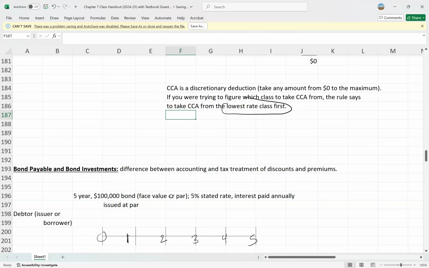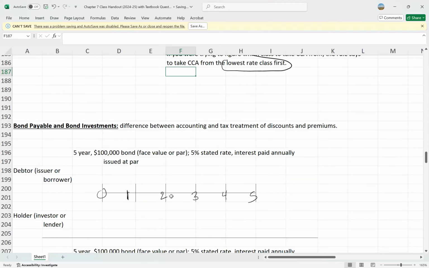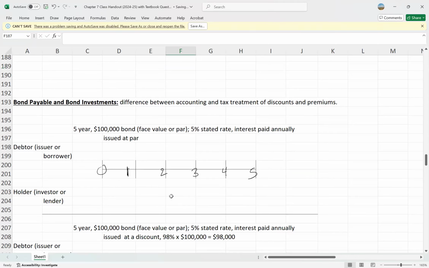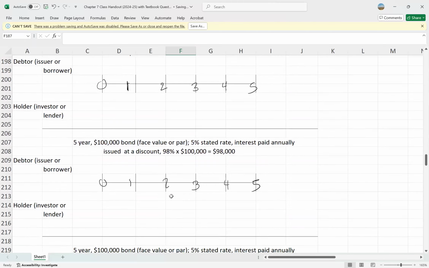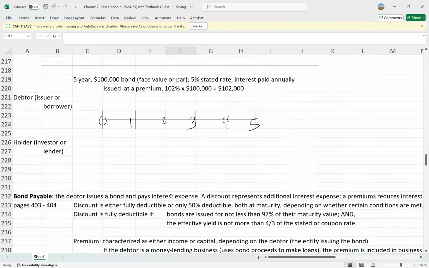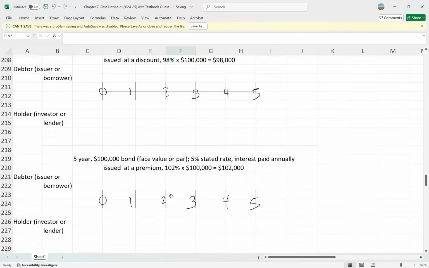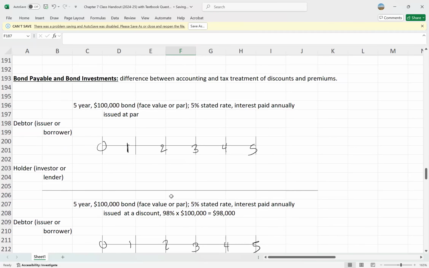I'm going to get through the bonds before we take a break, because bonds is one of those topics that are a little bit confusing. So I'm just going to go through some simple examples to refresh our memory about what a discount is and what a premium is. And then once we go through these 3 examples, we'll tie it into how tax rules apply to discounts and premiums.